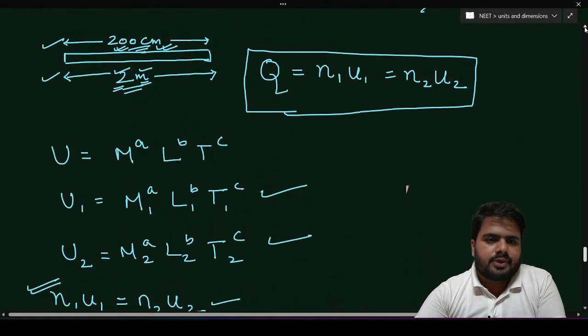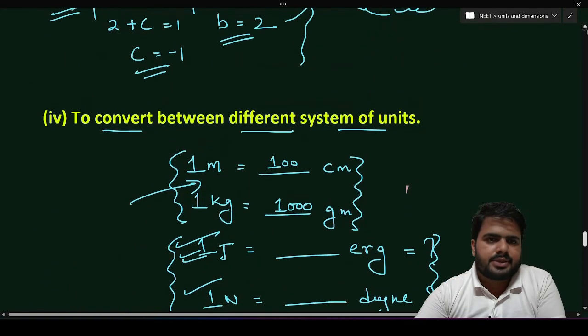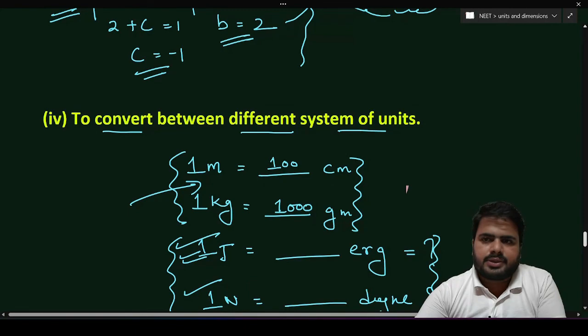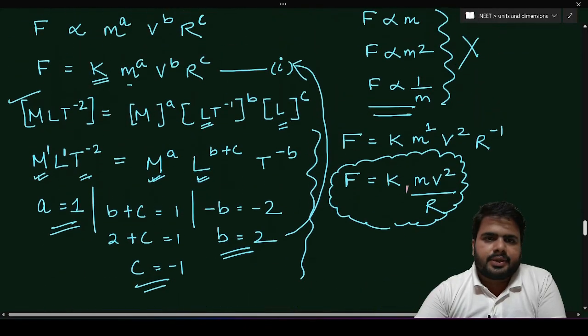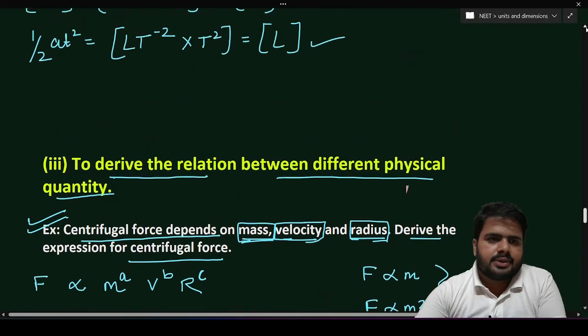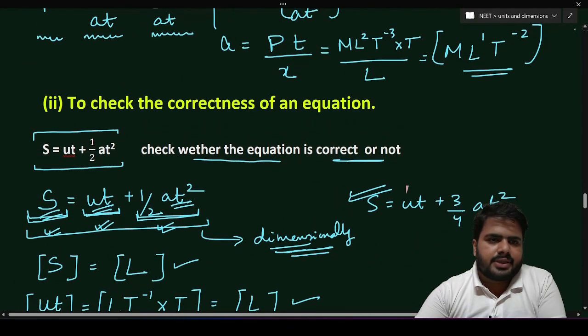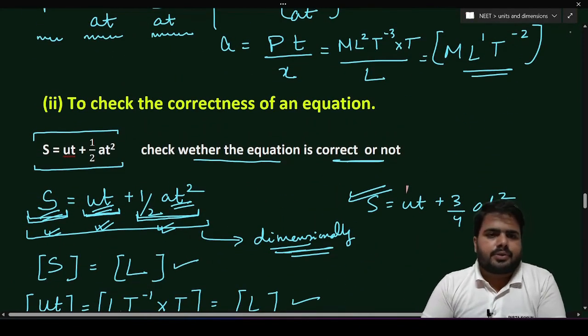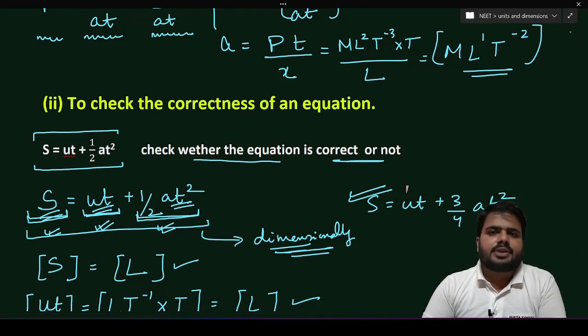This is our fourth application where we have discussed how to convert between different systems of units, and this is our third application where we have discussed how to derive relations between different physical quantities, and this is our second application where we learned how to check the correctness of an equation, whether the given equation is dimensionally correct or not.